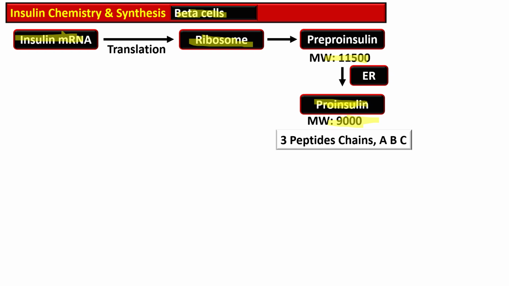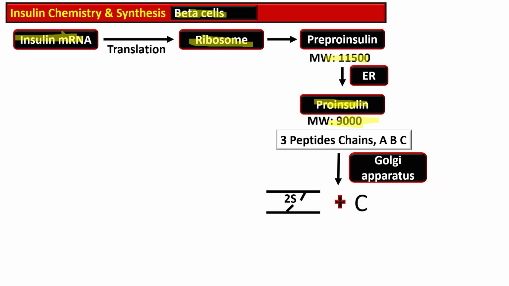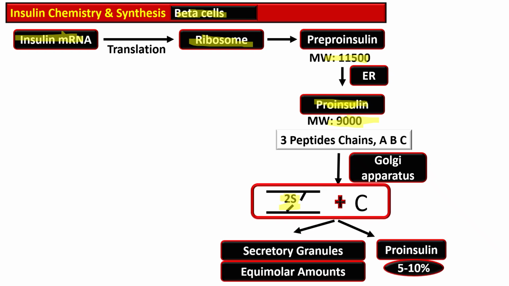It has A, B, C chains. In the Golgi apparatus, proinsulin is cleaved into insulin, the A and B chains that are linked by these disulfide bonds, and then there is the connecting peptide, this C chain, and they are there in these secretory granules.